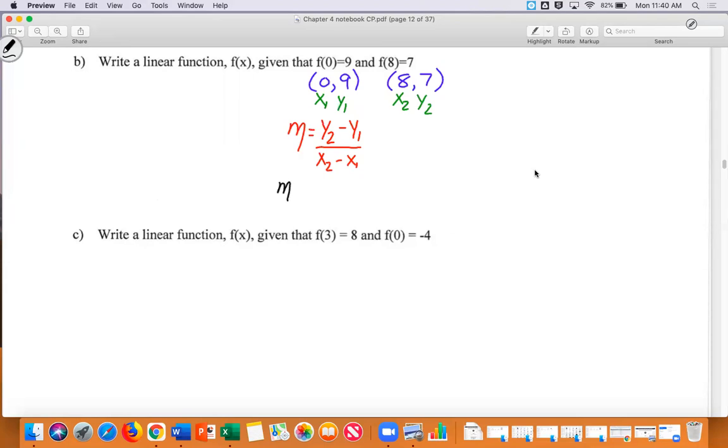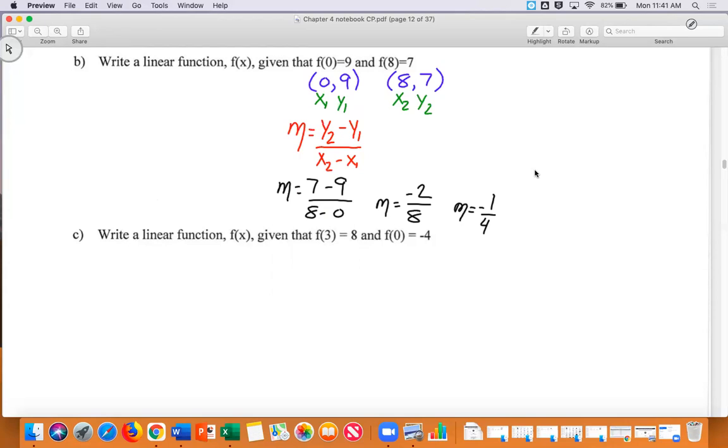So y2 is 7, y1 is 9, so I have 7 minus 9 over 8 minus 0. 7 minus 9 is -2. 8 minus 0 is 8. So m equals -1/4.